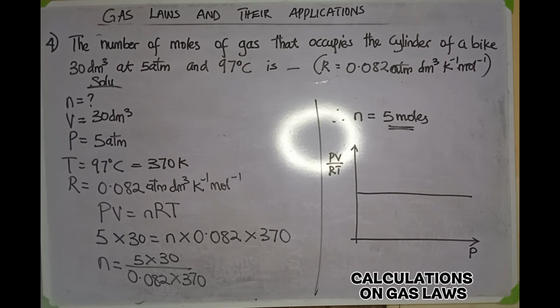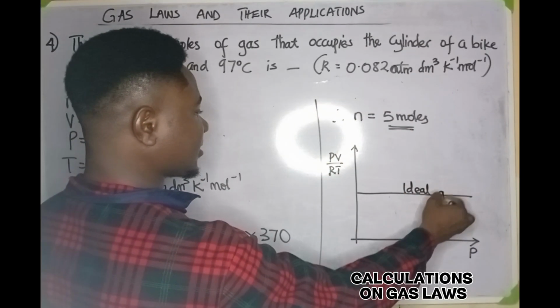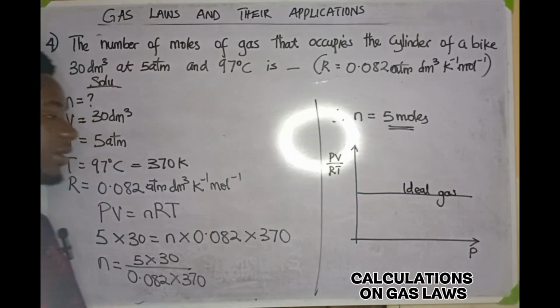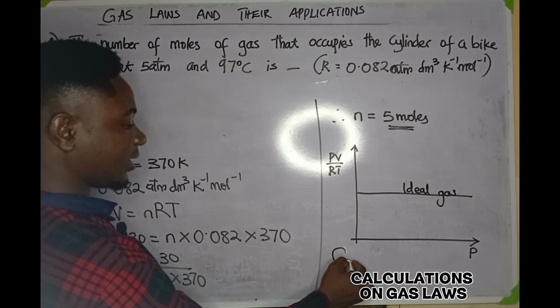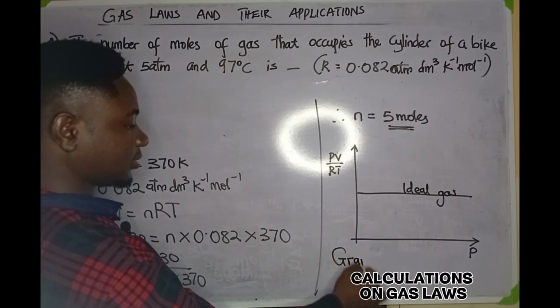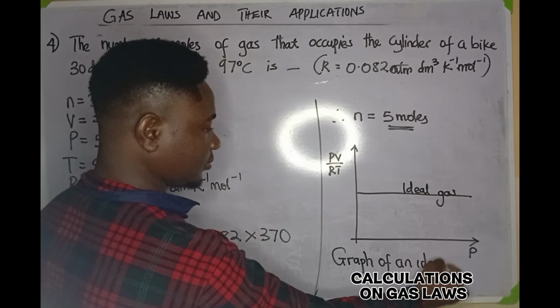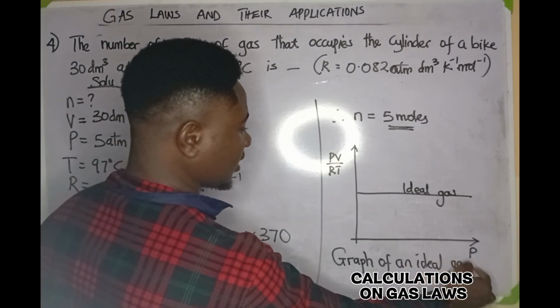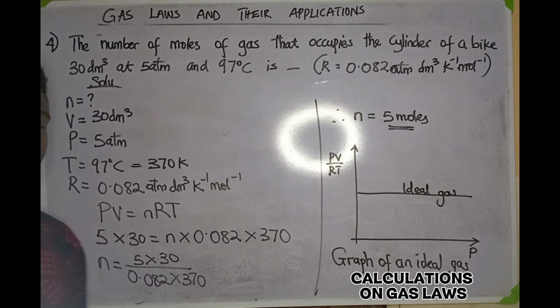Are you seeing it? Moving horizontally. So this is the ideal gas. Whenever you see this kind of question, please, this is the graph of an ideal gas. I gave you the graph of Boyle's law, and the graph of Charles' law. So this is the graph of an ideal gas.